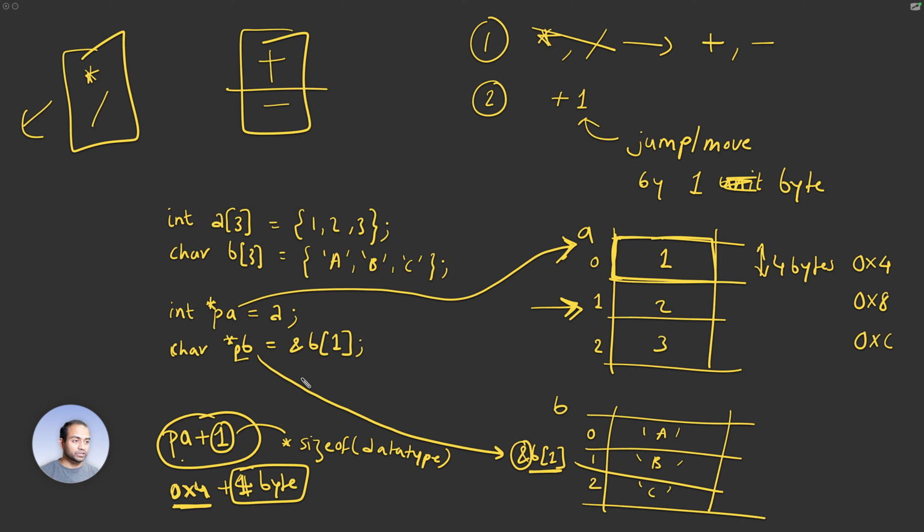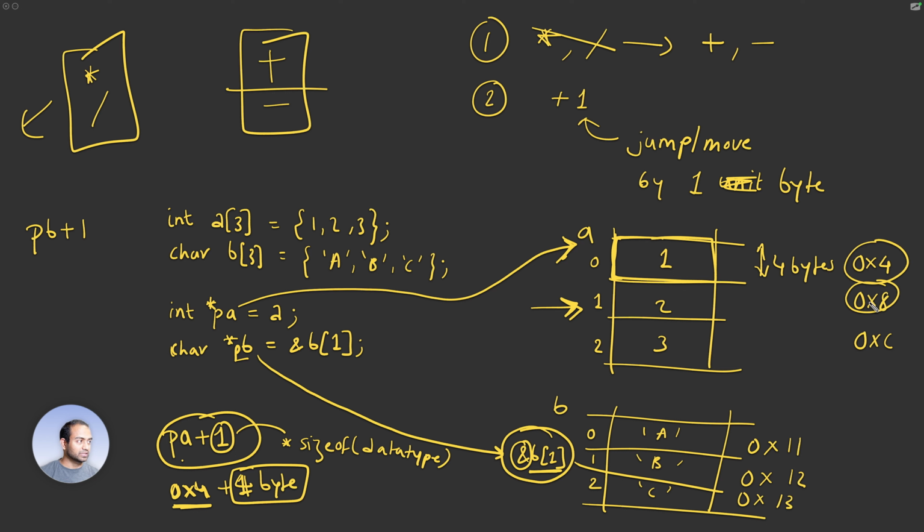And by the same logic, what happens if I did PB plus 1? PB is pointing here, right? Let's just take hex 11, hex 12, and hex 13, because these are 1 byte data. Character is 1 byte data, hence these addresses.